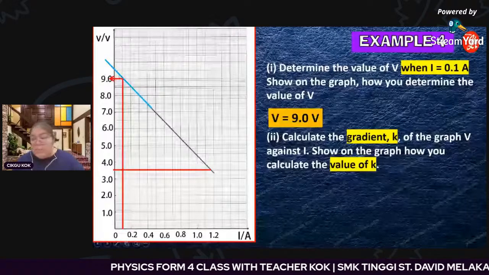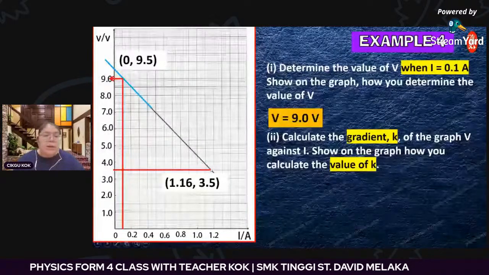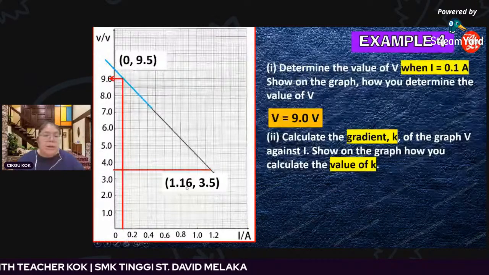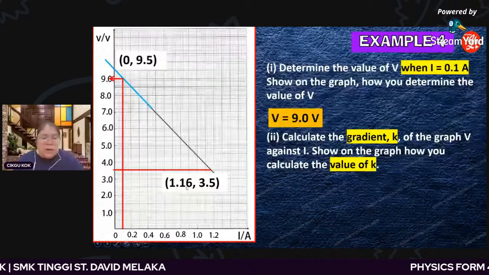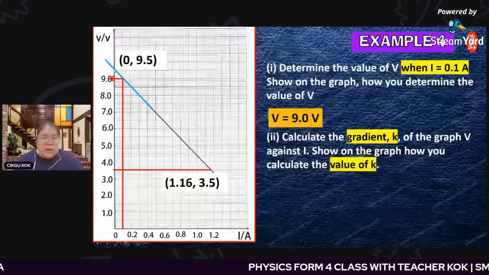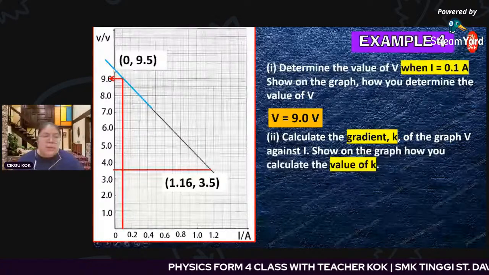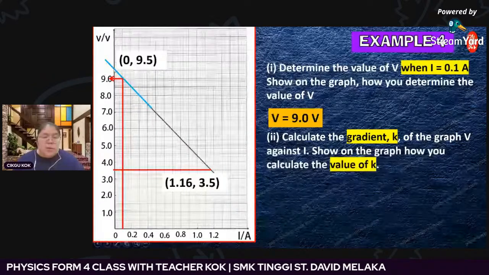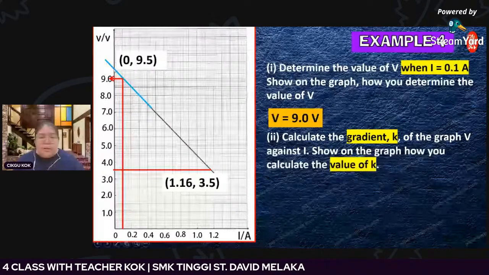This point, 1.16. After that, the y-axis 3.5. Another point, this one, cut the y-axis. The x-axis is 0. Then the y-axis is 9.5. Now you show me gradient.